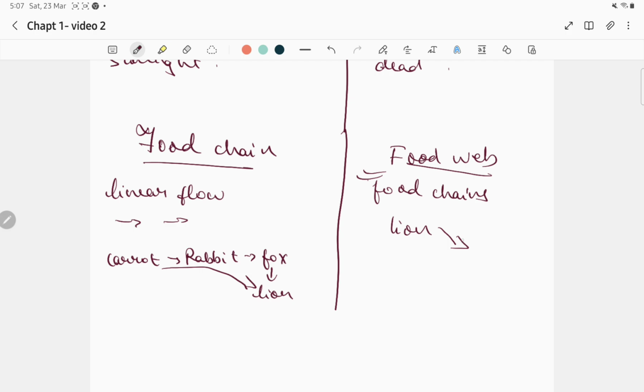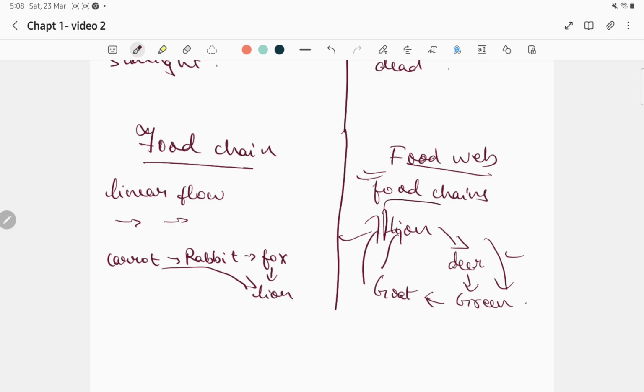Lion can eat deer, and deer will eat green plants, but green plants are also eaten by goat. Again, goat can be eaten by lion. So here two separate food chains are integrated. So this is called a food web.